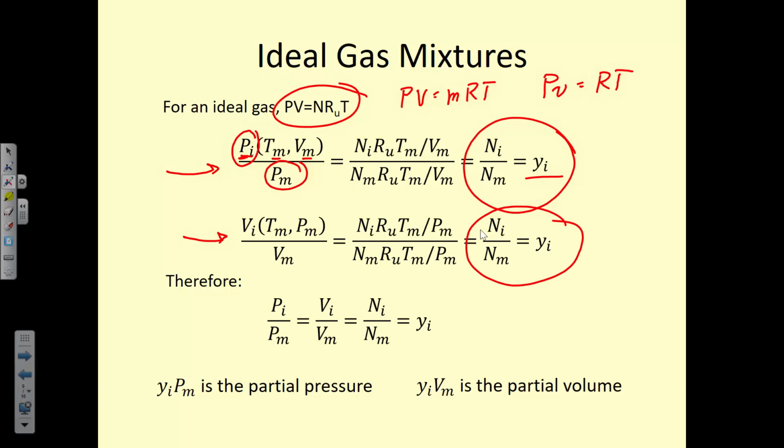So what we're saying is that this individual pressure divided by the pressure of the mixture ends up being equal to the volume fraction, which is equal to the molar fraction, y sub i. So allowing us to apply these two laws, Amagat's law and Dalton's law, gives us another tool for calculating basically the molar fraction of the mixture.